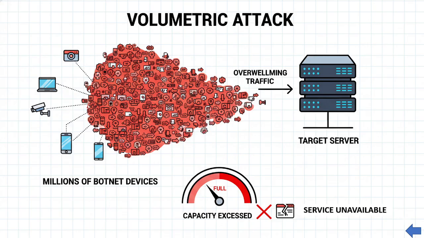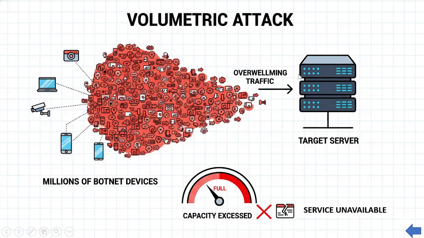These devices are remotely controlled by an attacker, often without their owner's knowledge. The botnet unleashes an overwhelming traffic flood, depicted by the massive red cloud of data, all directed towards a single targeted server.